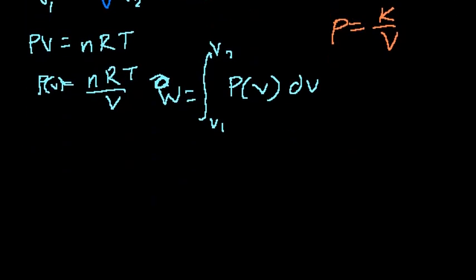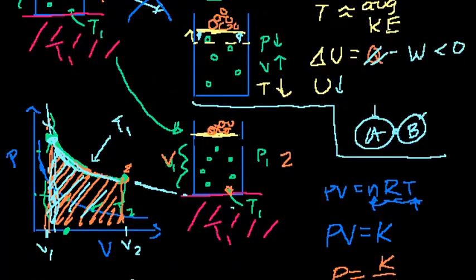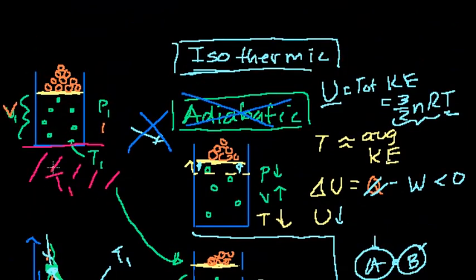So what's P as a function of V? So work done is equal to the integral from V1 to V2 of nRT over V times dV. Now, this was our simplifying assumption. We said we're sitting on top of a reservoir, that this reservoir keeps our temperature the same the whole time.